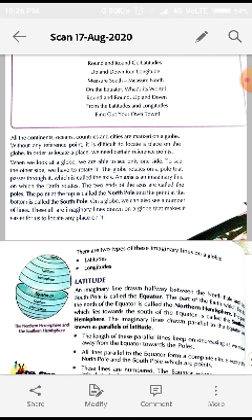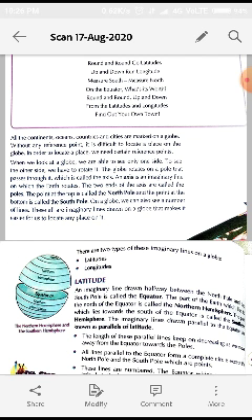The globe rotates on a pole that passes through it, which is called the axis. The movement of the earth on its own axis is called rotation.